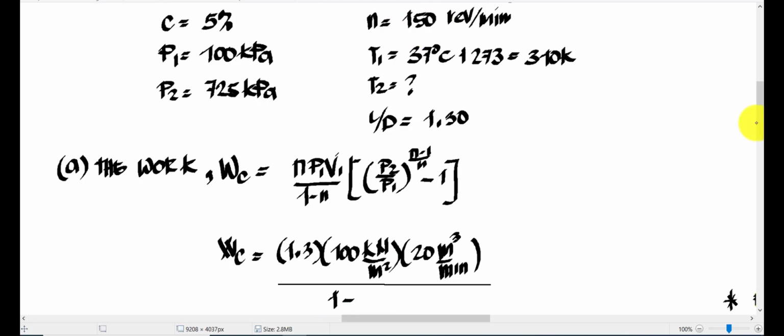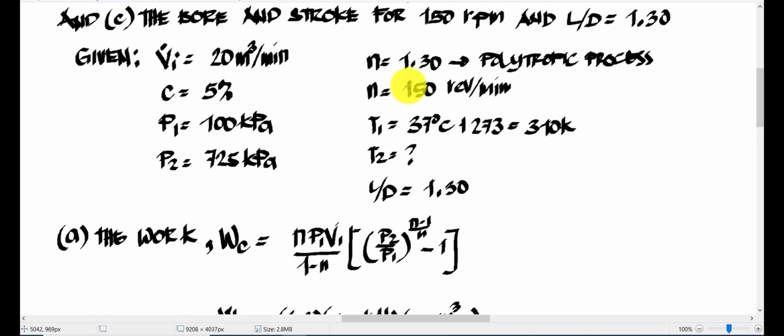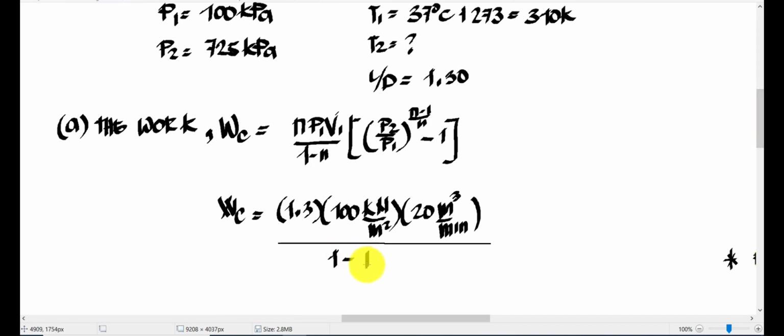Take note, we have to distinguish this one. The other n is for revolution per minute, and the other n that we will be using is for the polytropic process. Take note of that one. So 1.3.